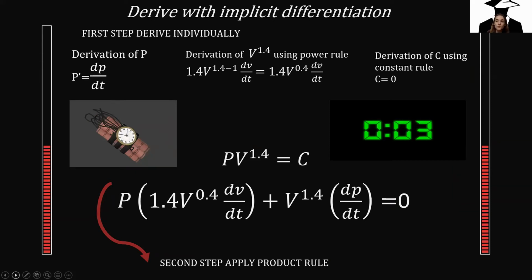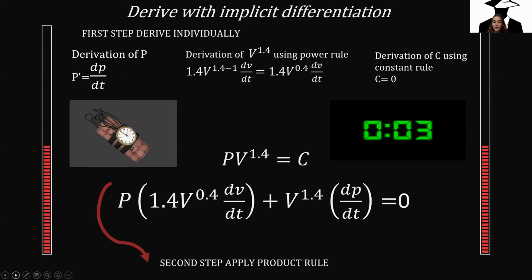We move the 1.4 to multiply V, and the exponent 1.4 we subtract by 1, times dV/dt because we are using implicit differentiation. This equals 1.4 times volume to the 0.4 times dV/dt. And now we're going to differentiate C using the constant rule. We know that every constant, when differentiated, equals 0. Then we apply this to our equation.